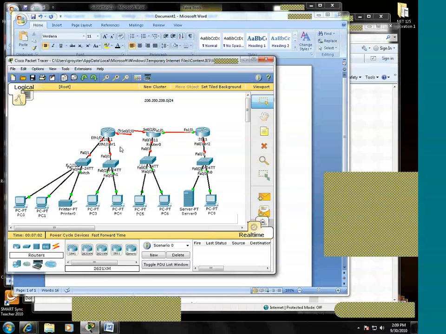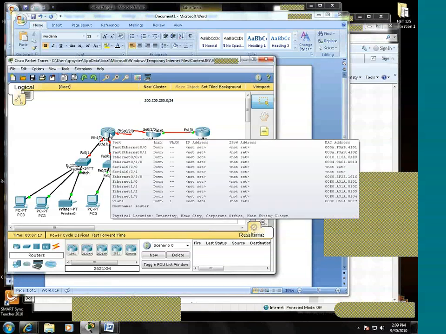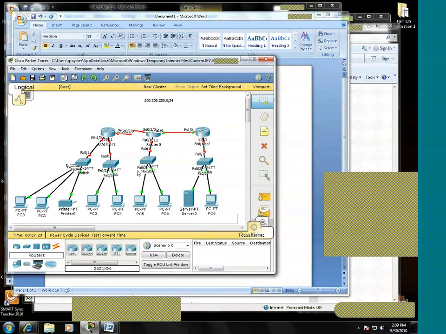Well, remember our rule about interfaces, networks, and same router? If we look at this particular router, we know this router is associated with how many networks? How many cables are connected to that router?